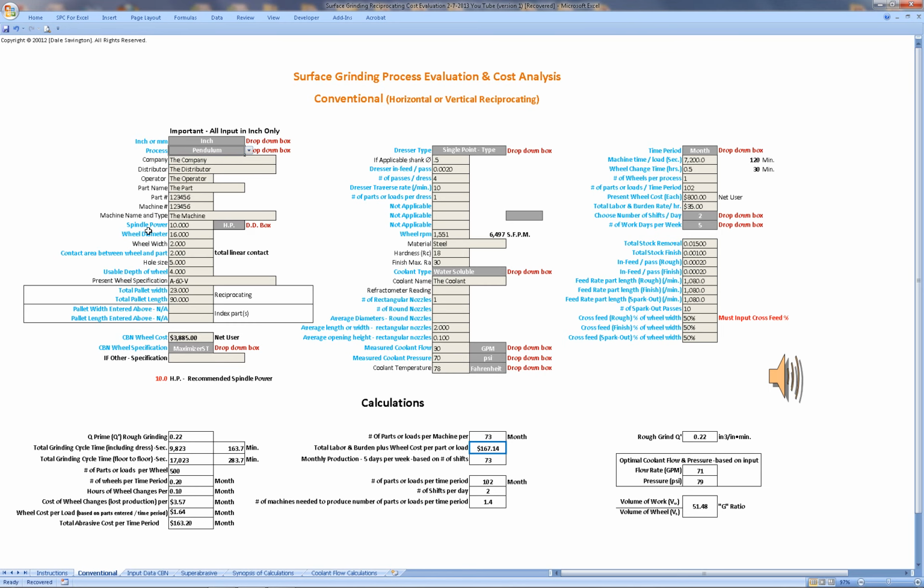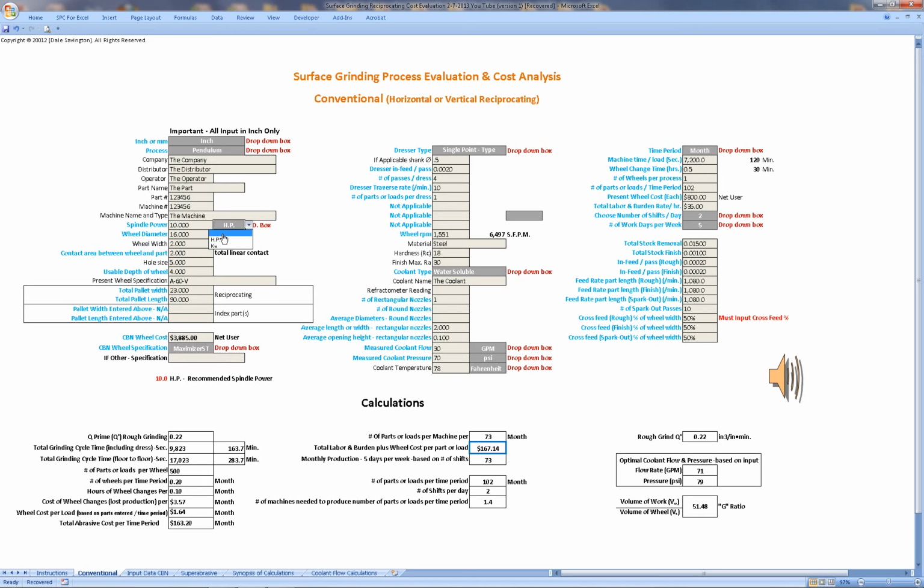The next critical is spindle power, and you need to be sure to hit either horsepower or kilowatt that you're measuring. Down here, there's a very critical recommended spindle power, which comes into play when we do the calculations further down the line as to what would be the optimal feed rates based on the horsepower recommended versus the spindle power that you have.